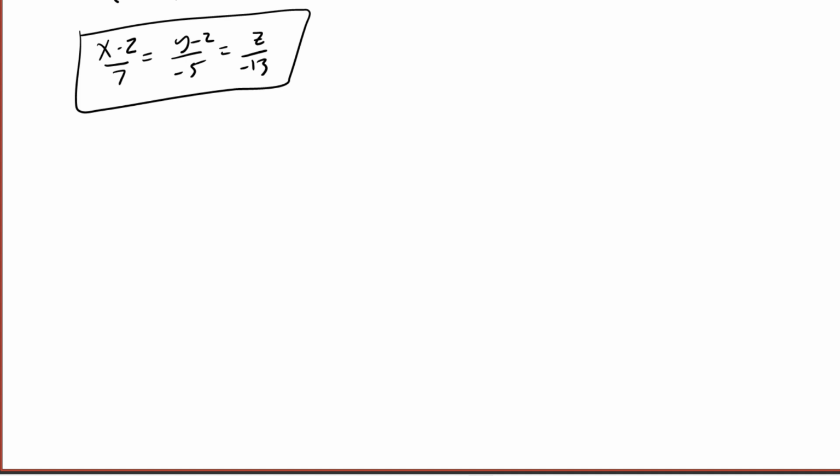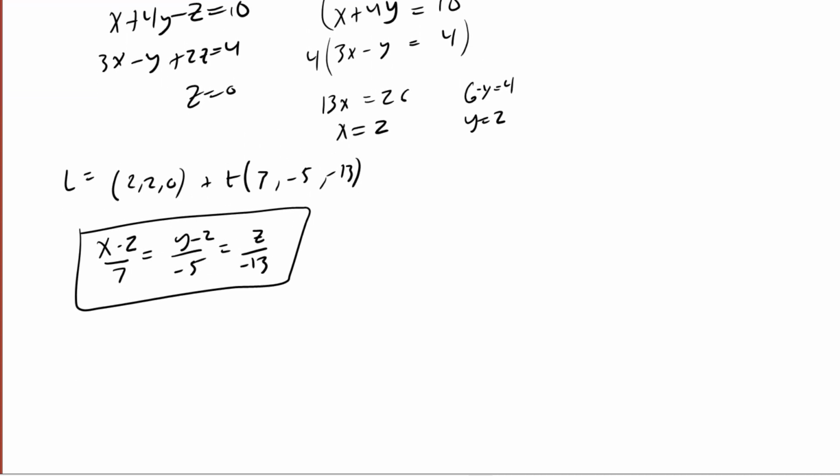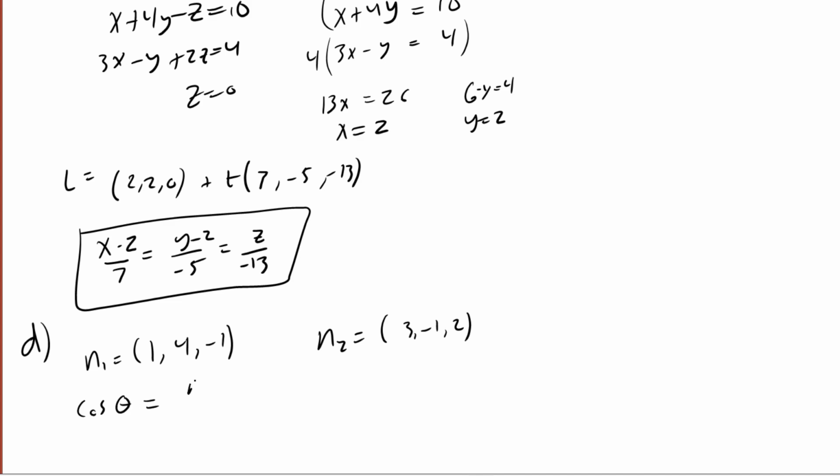Okay, and the final question is determine the angle between P1 and P2. So again, I have N1, which is (1, 4, -1), and N2 is (3, -1, 2). So the cosine of the angle between them is going to be N1 dot N2 over norm N1 times norm N2.